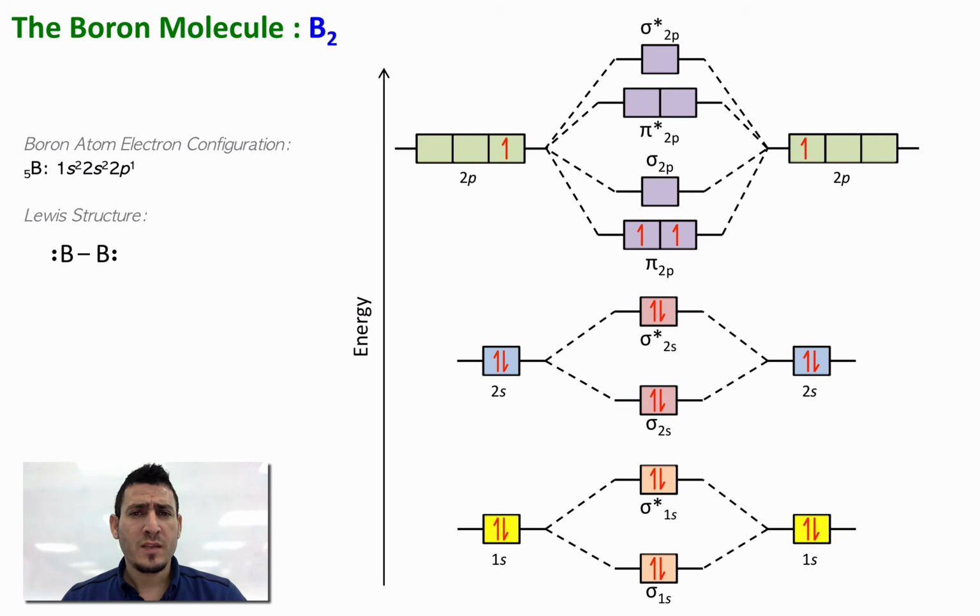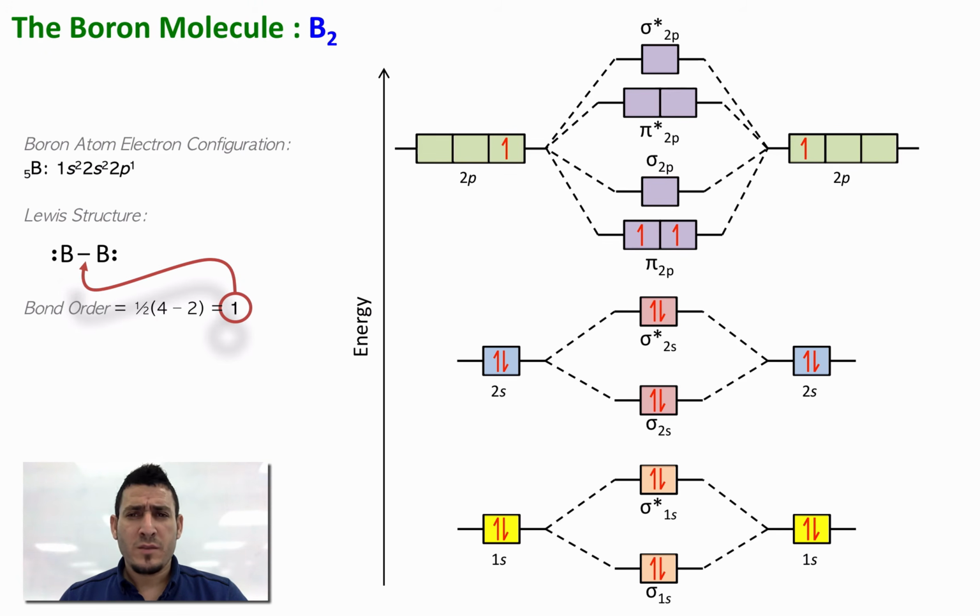I'm always looking at the valence electrons and I'm ignoring the 1s orbitals, because the bonding happens only at the valence level, it doesn't consider the core electrons. So now in this case, I have 4 bonding electrons and 2 antibonding electrons, and the bond order is going to be equal to 1, which suggests a single bond between the 2 boron atoms.